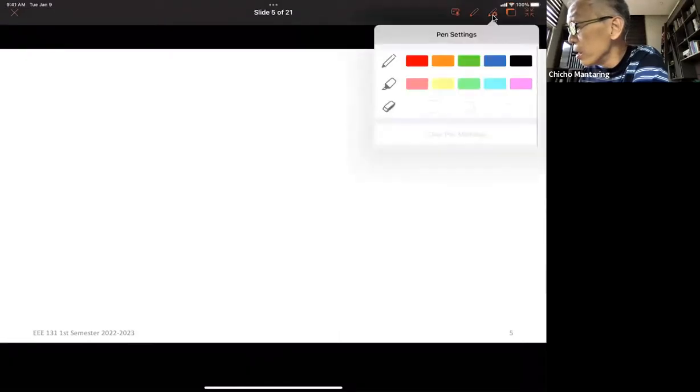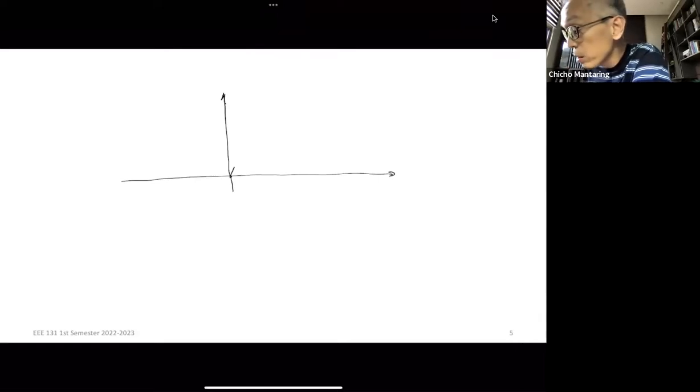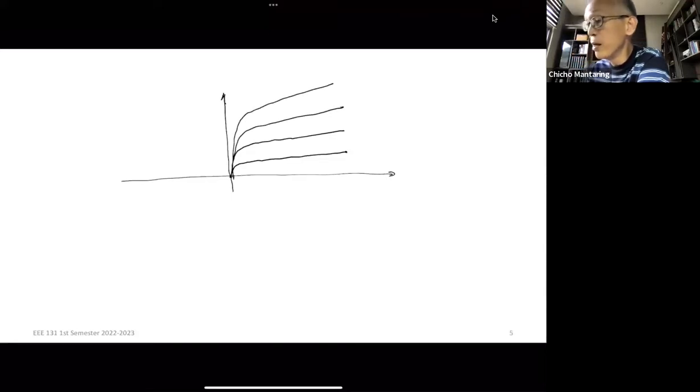Okay, if I take a look at my family of curves, it looks something like this. Again, I'm going to exaggerate. This is exaggerated. This is IC versus VCE.